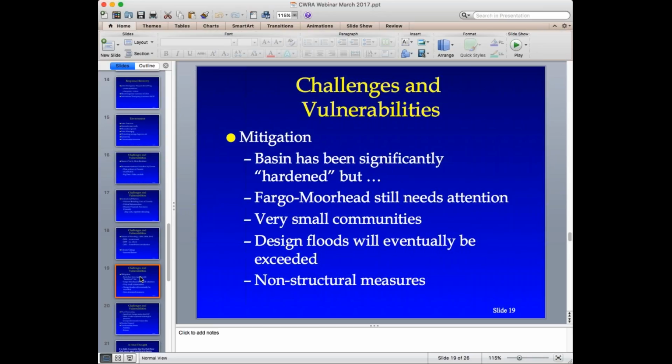The major centers in the Red River Basin have very significant flood protection measures now, but someday they will be exceeded, and certainly the smaller communities will have that challenge more often, as most of the time their flood protection measures are in the order of the 1 in 100 year flood. And so I think we need ongoing consideration of how to manage non-structural measures and make the basin even more resilient in the face of damaging floods.